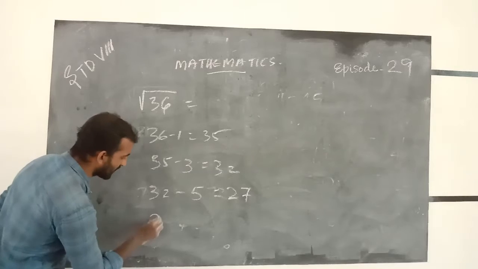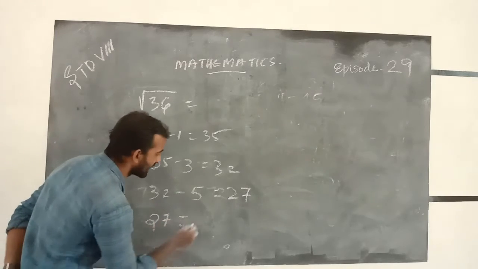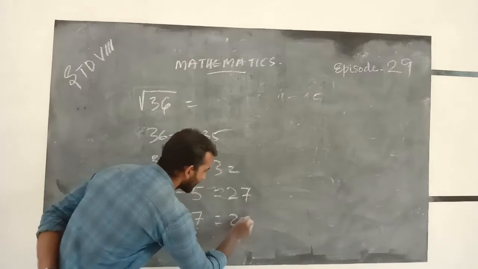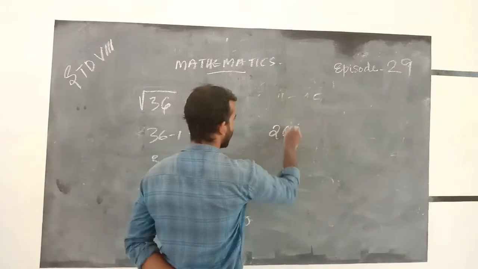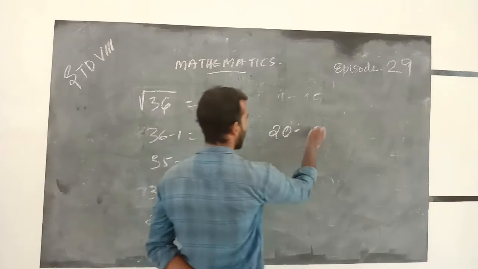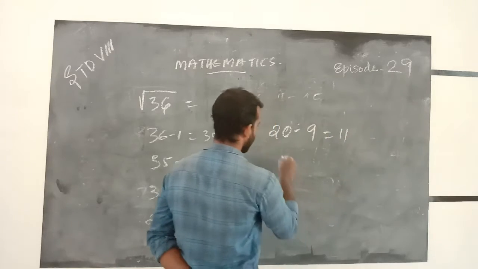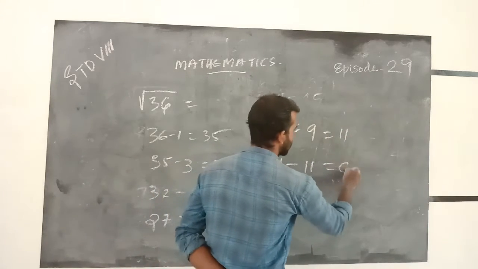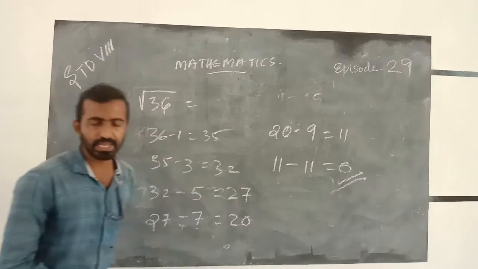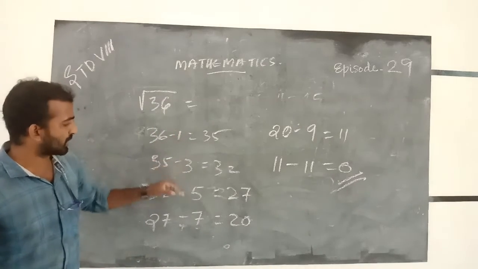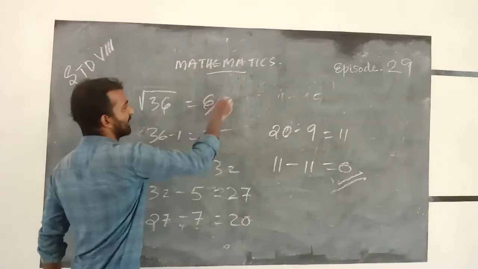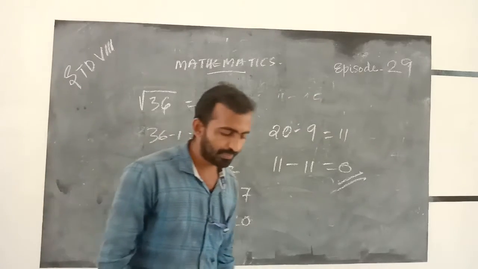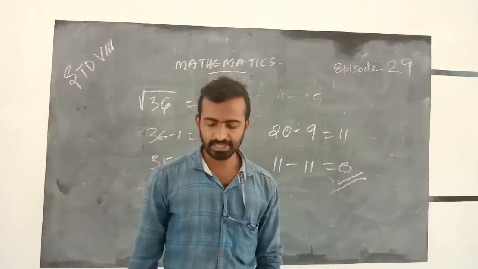Next, 27 minus 7, 20. And 20 minus 9, 11. Next, 11 minus 11, 0. We count the steps: 1, 2, 3, 4, 5, 6. That is, root 36 equals 6.